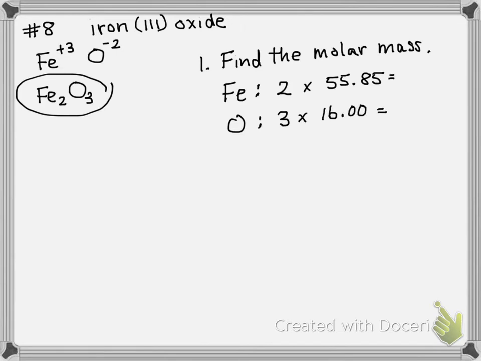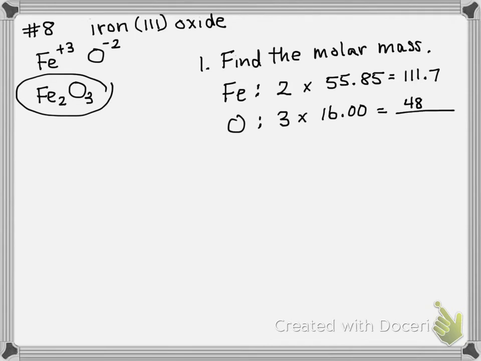And so what we're going to do here is to take the number of atoms times the molar mass. And so 2 times 55.85 is 111.7. And 3 times 16 is 48.